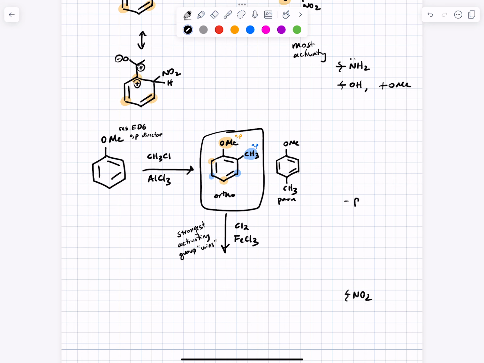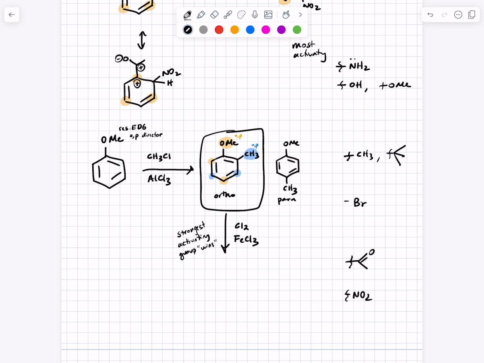And in the middle would be the halides, sort of deactivating, but still ortho and para directors. Alkyl groups would show up here, any sort of alkyl group, maybe a tert-butyl group. Also down here would be the acyl groups.